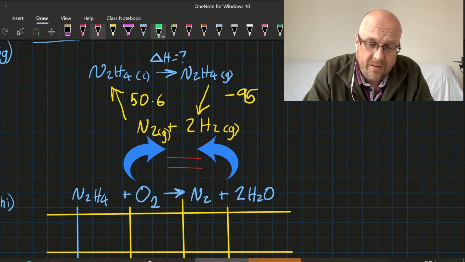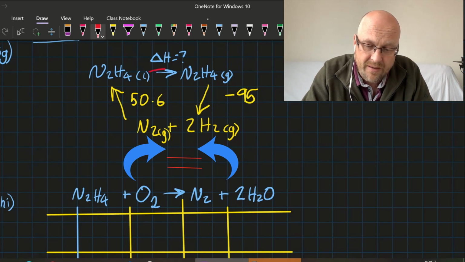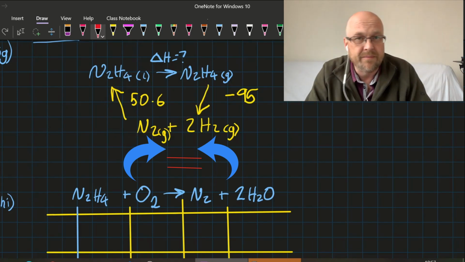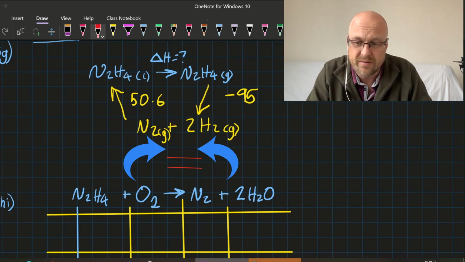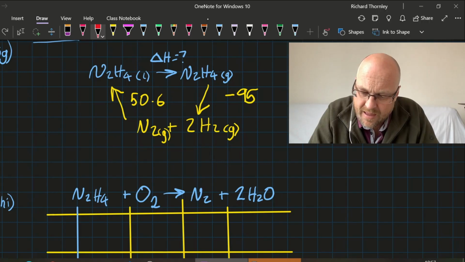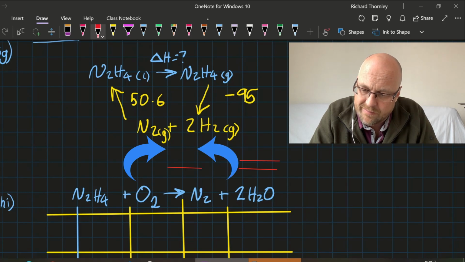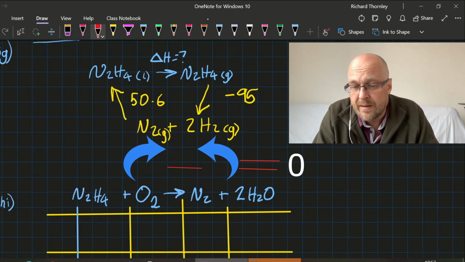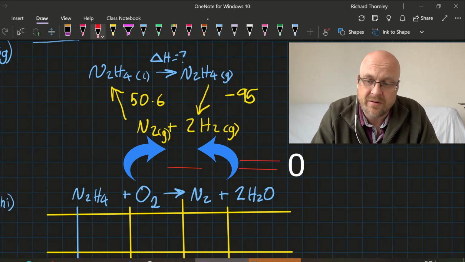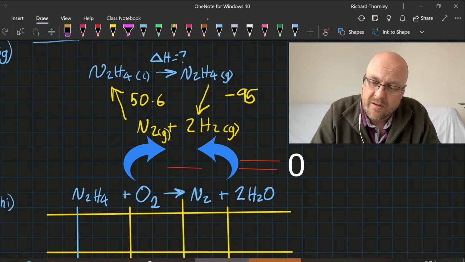But this is unusual because all the arrows are actually going in the same direction. So what does that mean? That means they all add up to 0. I could rearrange this weird equation here. That arrow minus that arrow equals 0. This is Hess's law. The energy change for a reaction is independent of the pathway chosen.